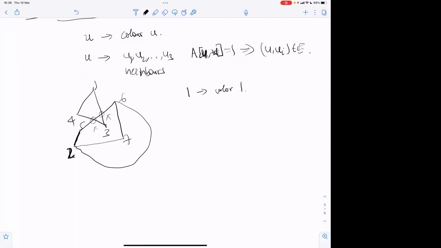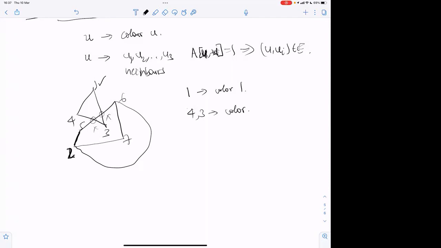So you have colored 1, and then you explore 1, meaning, what are the neighbors of 1? In this graph, they are 4 and 3, correct? So you color 4 and 3.